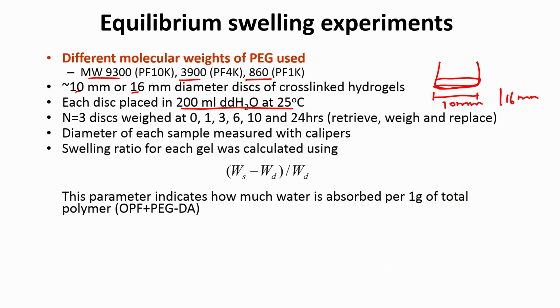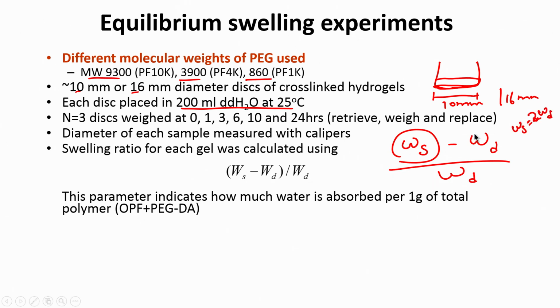If it has swelled, it is because lots and lots of water has gone in. After swelling there is a certain weight Ws, and before swelling there is a certain weight Wd, and the ratio is basically how much it has swelled. If it swelled twice, then we have a swelling ratio of 1. So, it has become double the size.